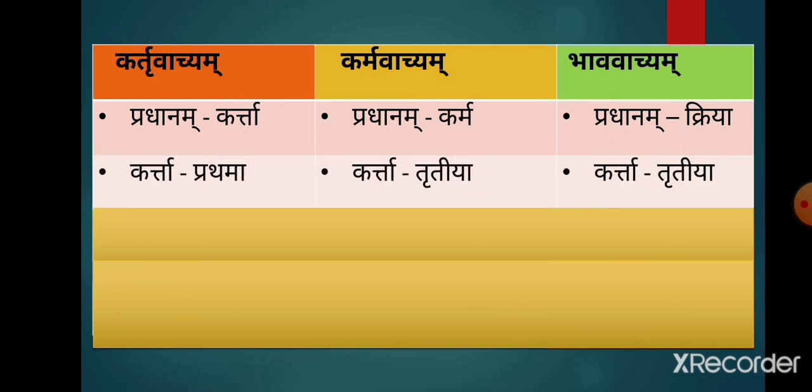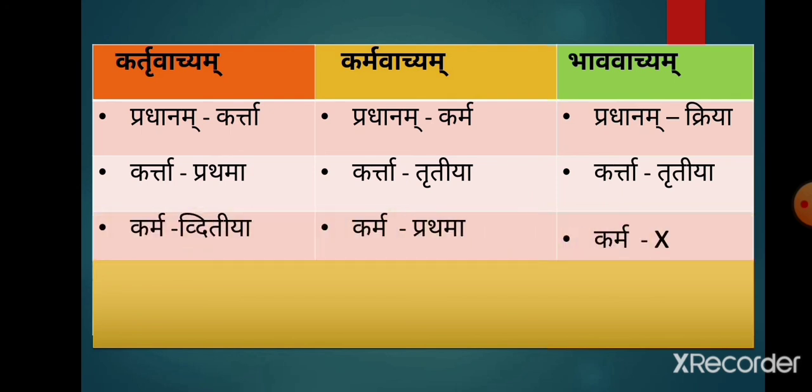In Kartruvacham, Karta is used in Prathama Vibhaktihi. In Karmavacham, Karta is used in Tritiya Vibhaktihi. And in Bhavavacham, just like Karmavacham, Karta is in Tritiya Vibhaktihi. In Kartruvacham, Karma is used in Dvitiya Vibhaktihi. In Karmavacham, it is in Prathama Vibhaktihi. And in Bhavavacham, Karma doesn't exist.